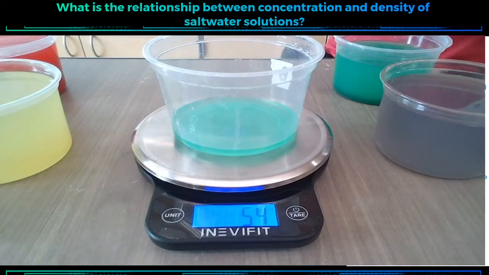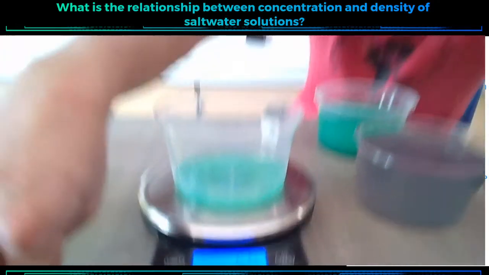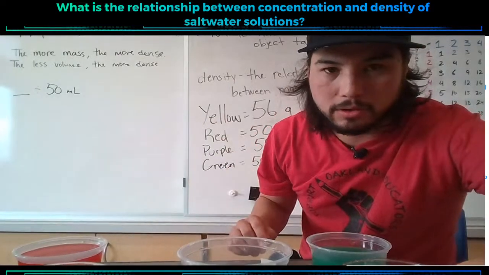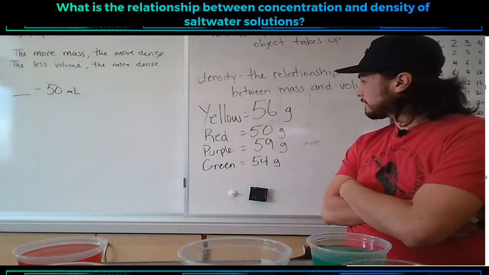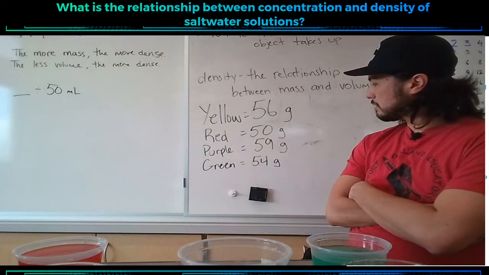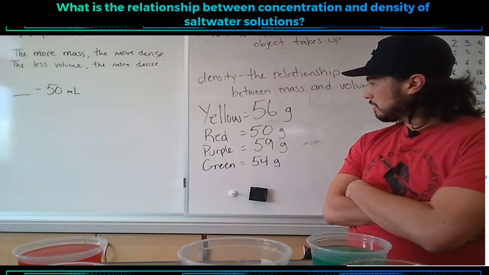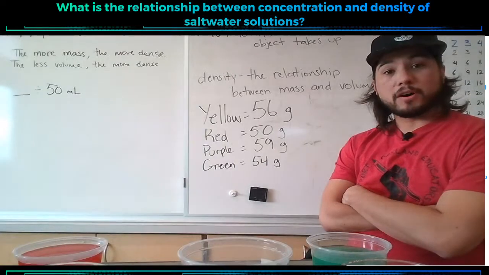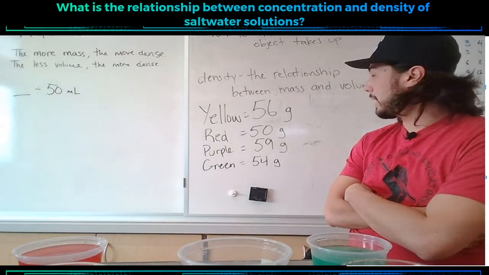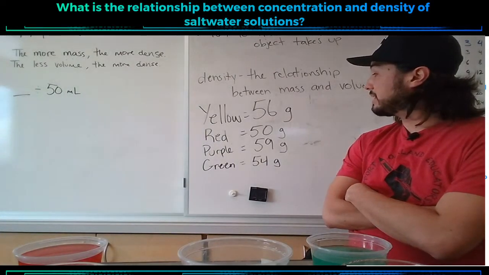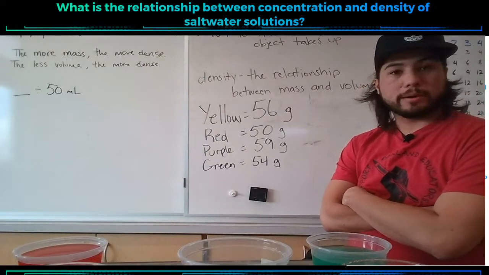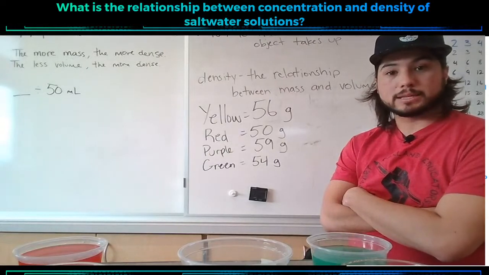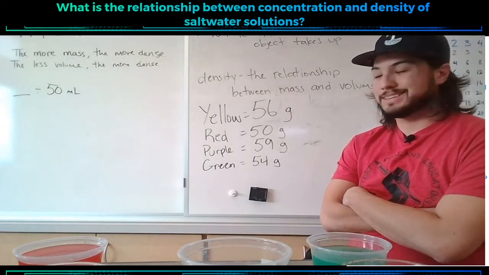So let's take a look back up here and look at our data. So we looked at our 4 different solutions. We controlled the volume, so we had the same amount of milliliters. So we know that whichever one has the most grams, whichever one has the most mass in the same amount of space, is going to be the most dense.